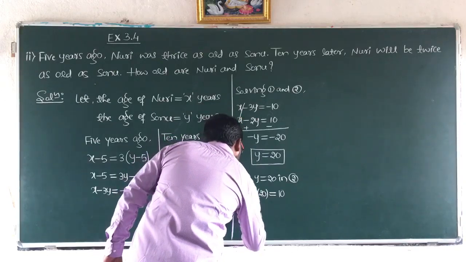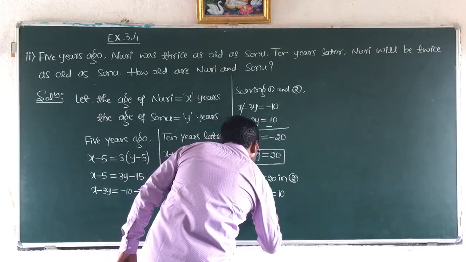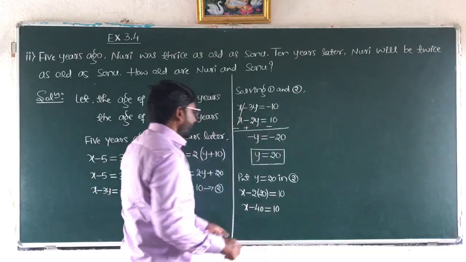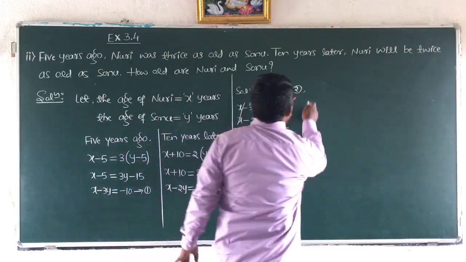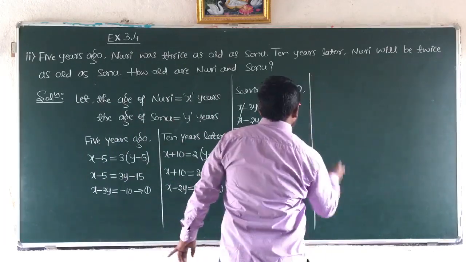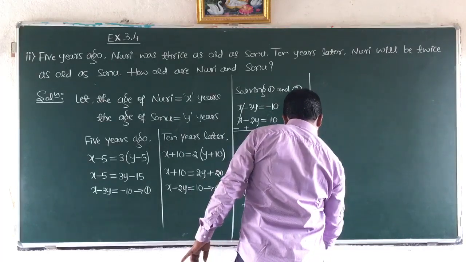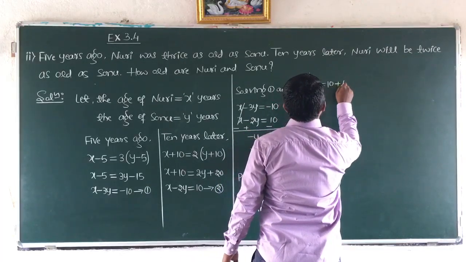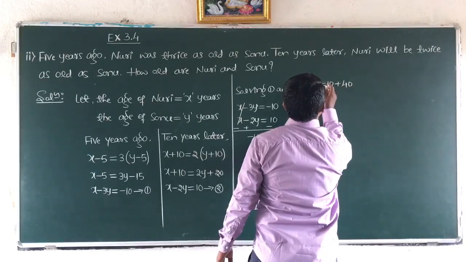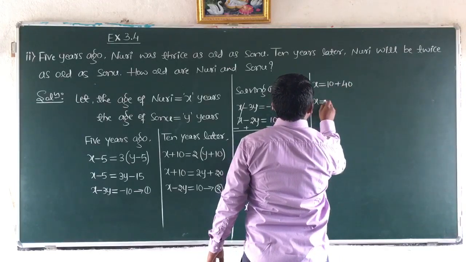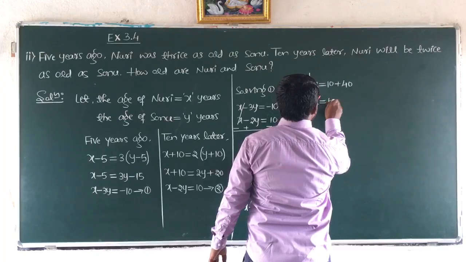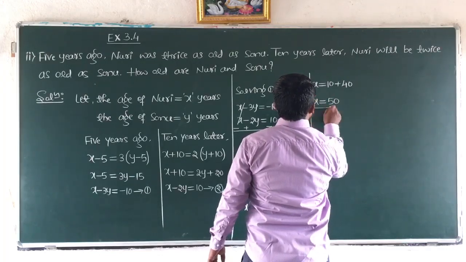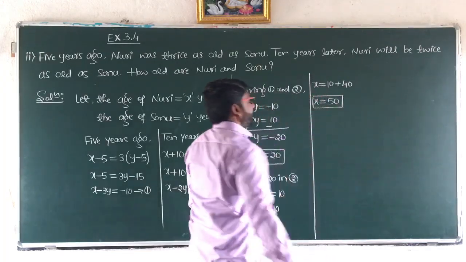Now x minus 40 is equal to 10. Now take minus 40 to the RHS, it becomes plus 40. So x is equal to 10 plus 40, which will be 50. So we have got the value of x as well.